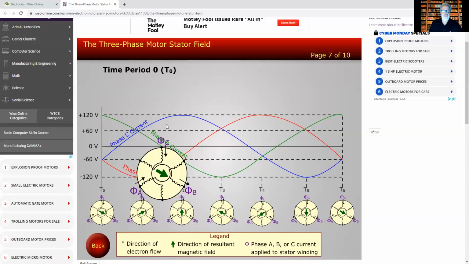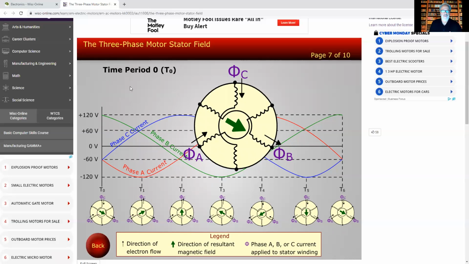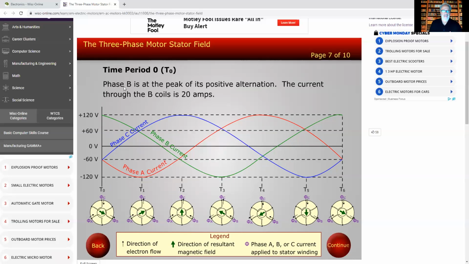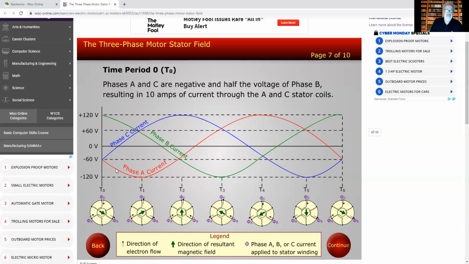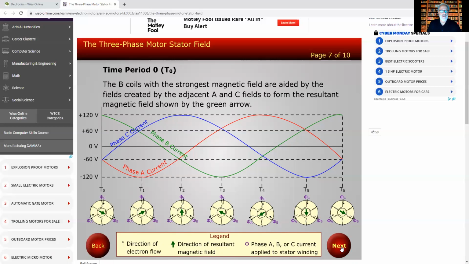This progresses through here at time point 0. The current is 20 amps in B, and the current in C and A is 10 amps each, so they come out to be the same. Anywhere in this diagram, the current will be the same based on the three phases of electricity we look at.